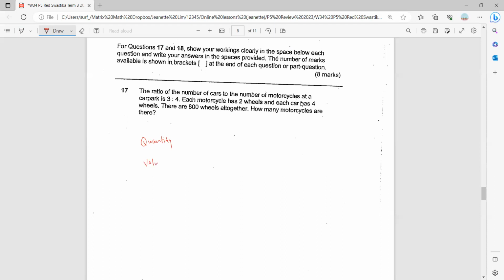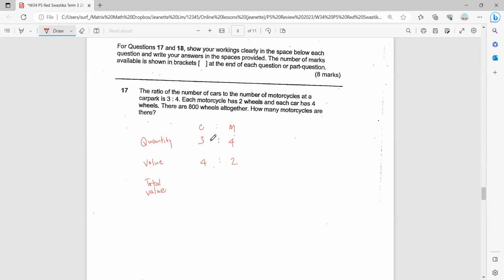So I'm going to use the quantity value table. Quantity, value, total value. This is cars. This is motorcycles. In terms of quantity, number of vehicles, it's 3 to 4. Value is referring to the number of wheels each vehicle has. So a car is 4, motorcycle 2.